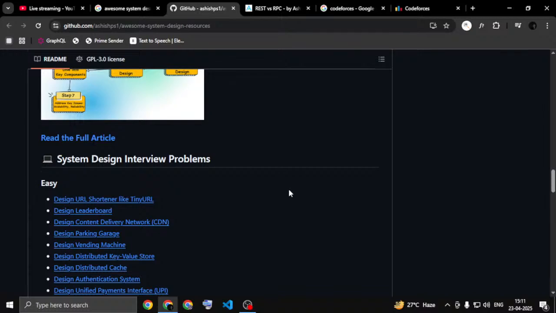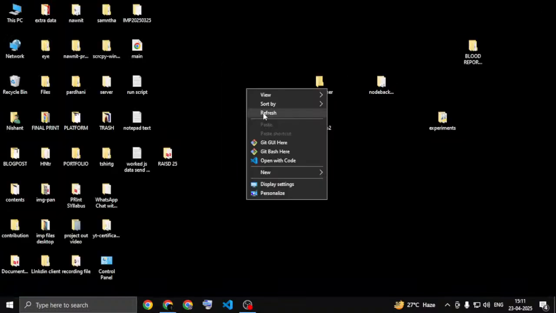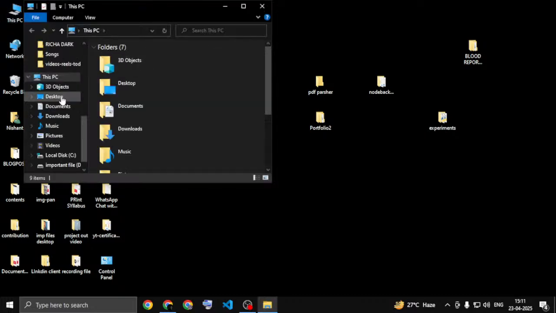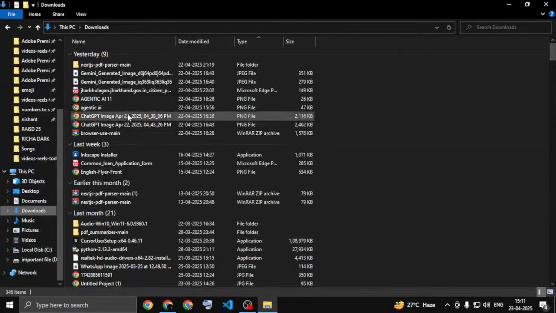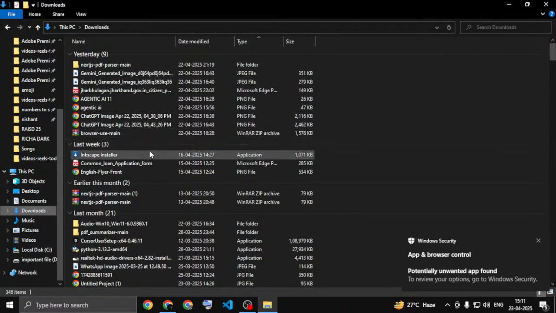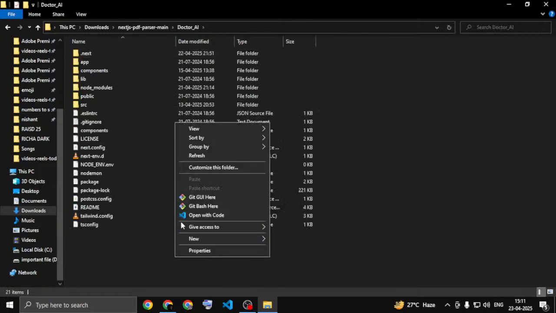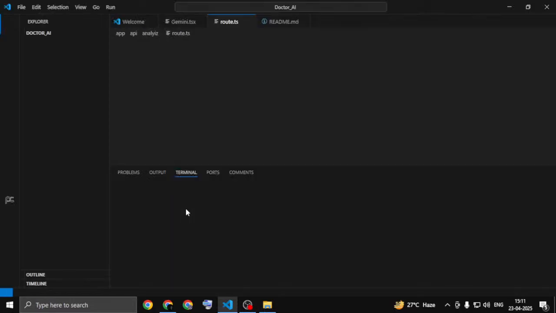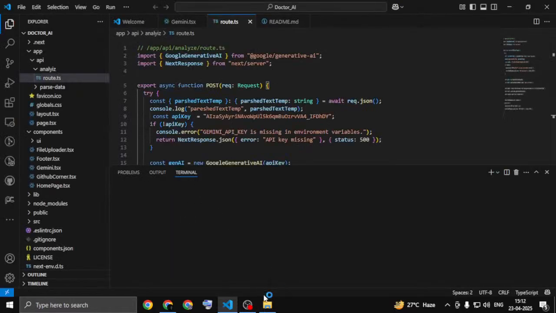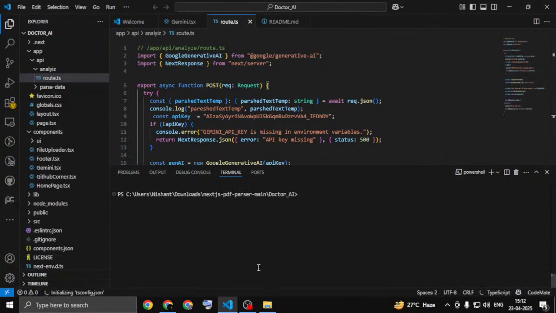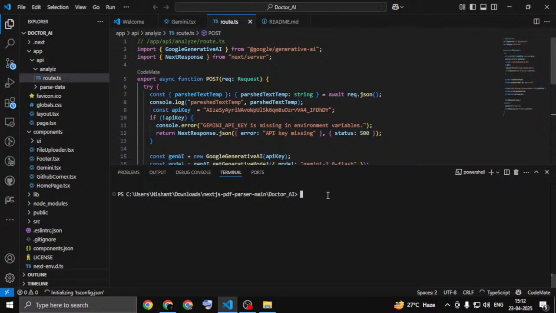Okay, this is done. Now I have built a doctor AI, I guess. Where is the file, man? Oh yes, this is the file. I knew that I have to run npx next start.